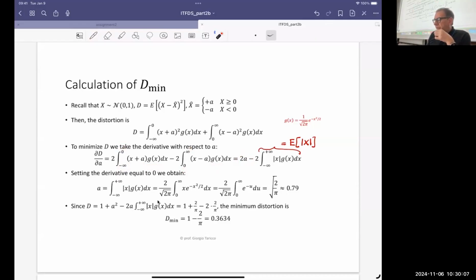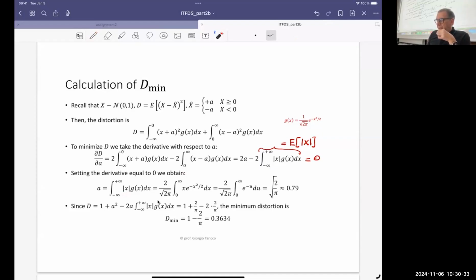If we set the derivative equal to 0, we can get that a is the integral from minus infinity to infinity of the absolute value of x times g of x, which is the expectation of x in absolute value.